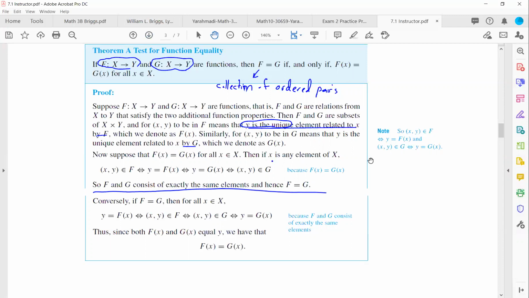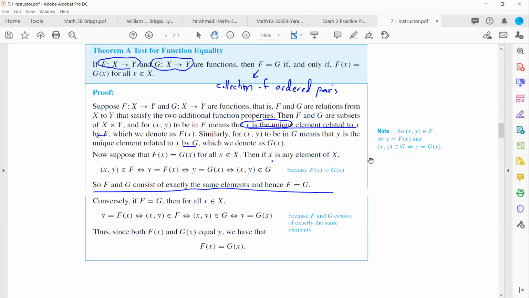Conversely, if f is equal to g, two collections of ordered pairs equal to each other, then y equals f of x. The meaning of that is the point (x, y) belongs to that collection of ordered pairs. What's the meaning of that? Since f is equal to g, these two sets are equal to each other, so you can interchange these two. (x, y) is an element in g.